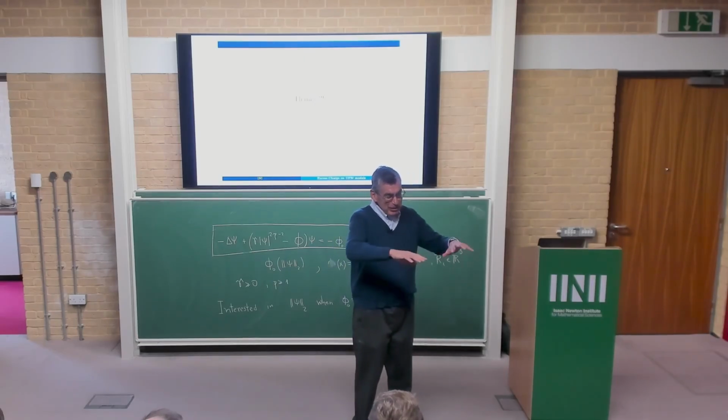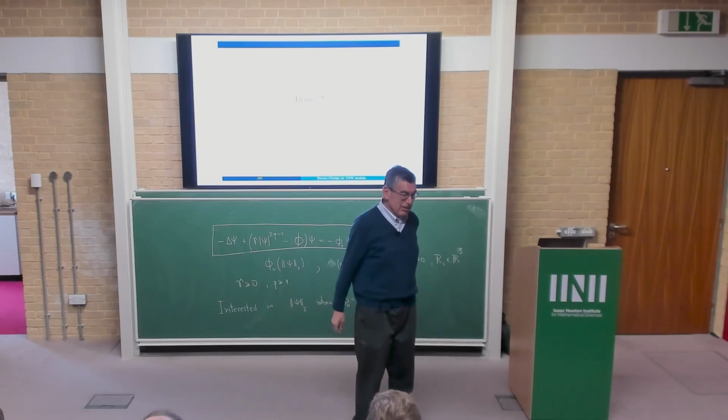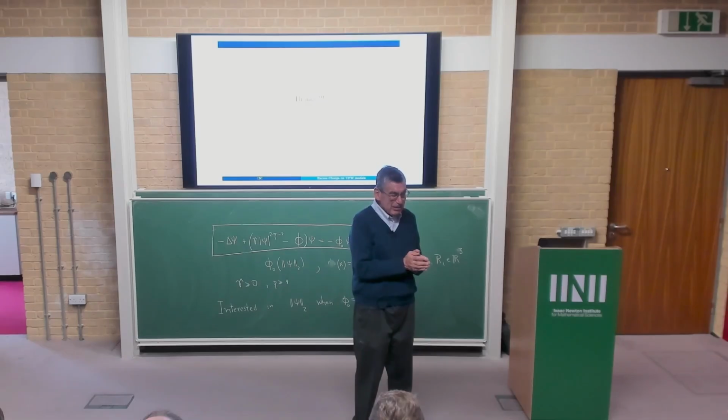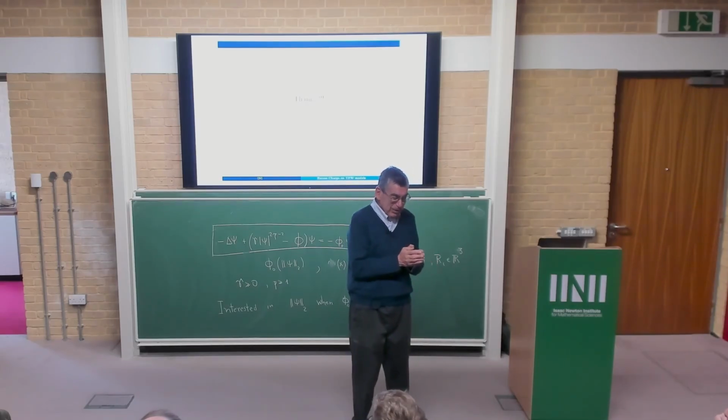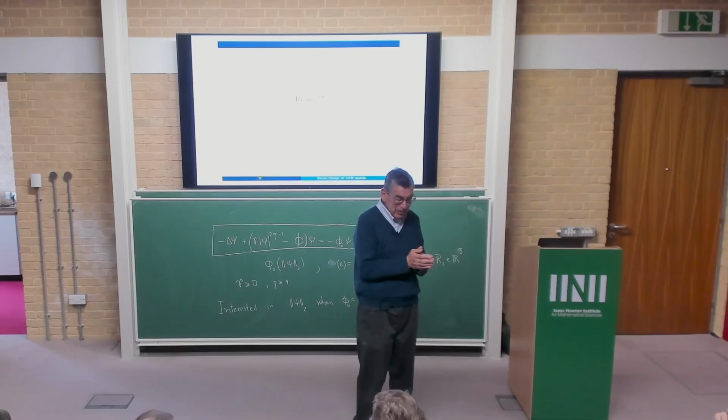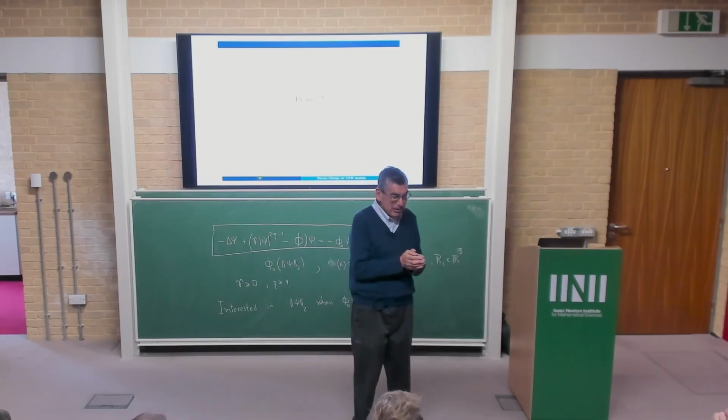One is the decay of rho at infinity. In Thomas-Fermi, of course, the decay of rho at infinity goes like a power, and in real life, I mean in chemistry, it goes exponentially. So that's a main difficulty, and the other main difficulty is that the solution to the Thomas-Fermi equation at the origin is singular.